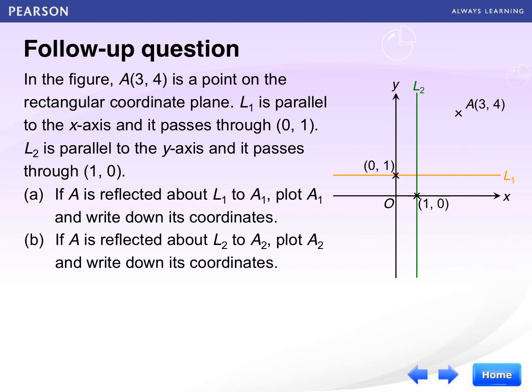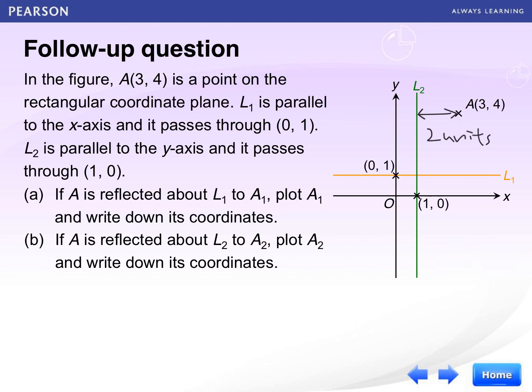For part B, A is reflected about L2. The distance between A and L2 is the difference in x. It is 3 minus 1, that means 2 units. A2 is 2 units on the left hand side of L2.